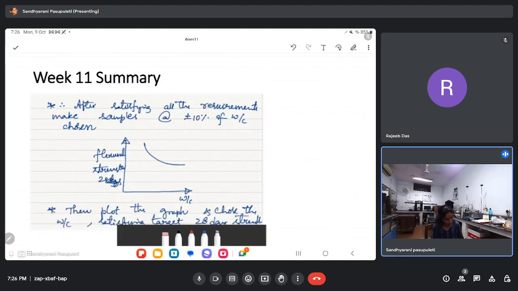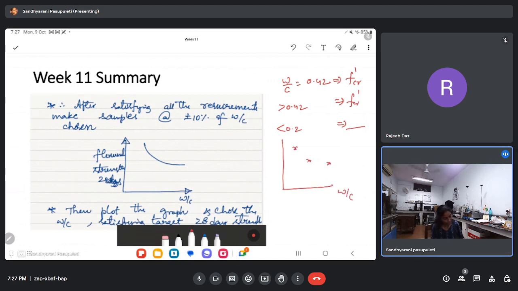So what we are going to do is, let us say I have done multiple trials, like water cement ratio, let us say 0.42, I have done one trial. Then I got some flexural strength. Again, something more than 0.42, I have done another trial. I'll get another flexural strength. Less than 0.42, I have done another trial. So I will get some curve, right? Let us say 3 points are there.